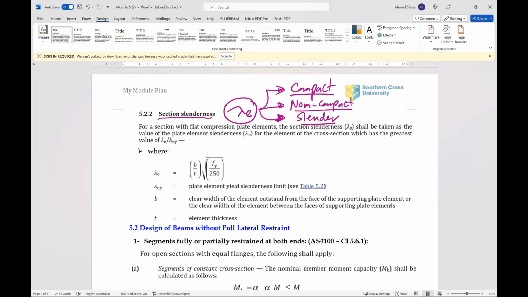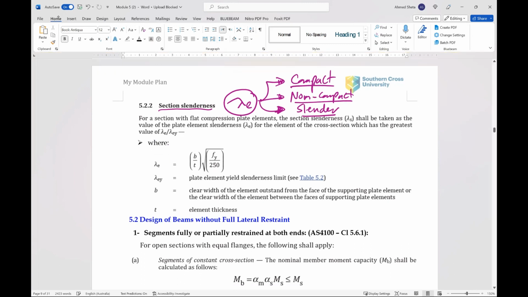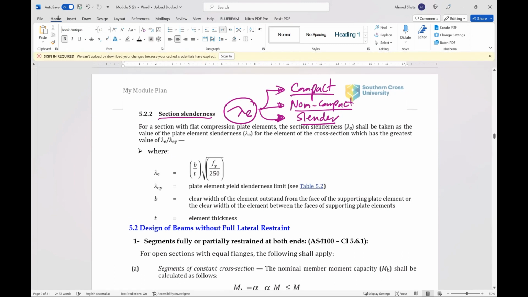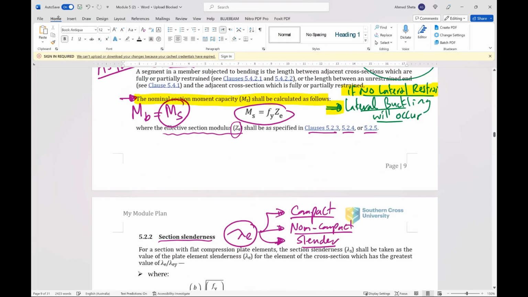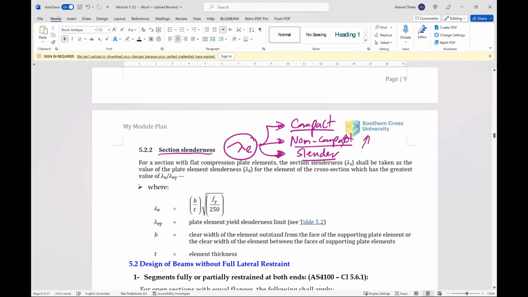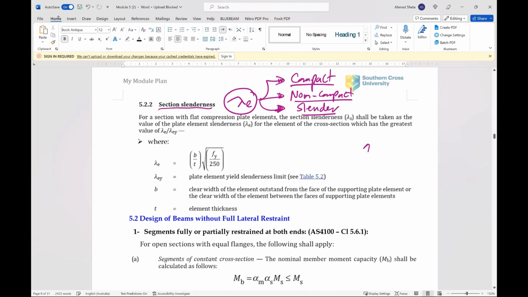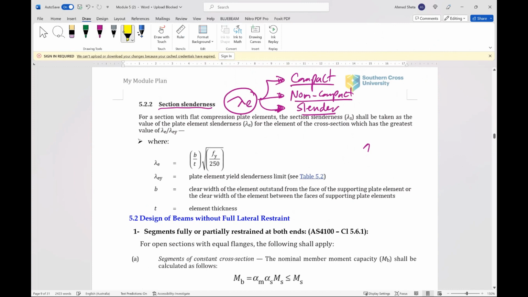So we have 3 types of member according to the slenderness ratio. According to these 3 types, that's why we have 3 clauses to find Ms, the section capacity. To find lambda e, or lambda effective, we have this formula here.